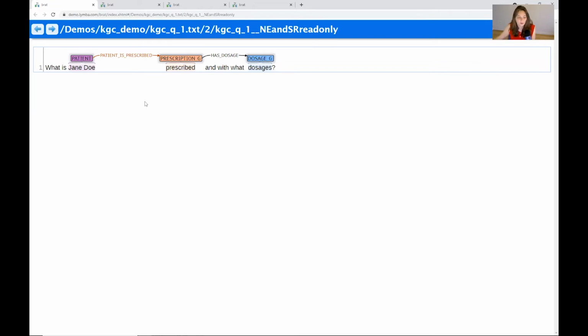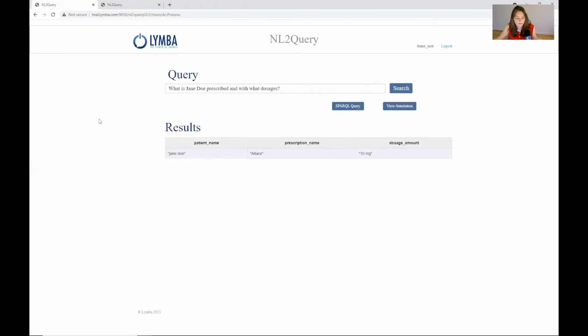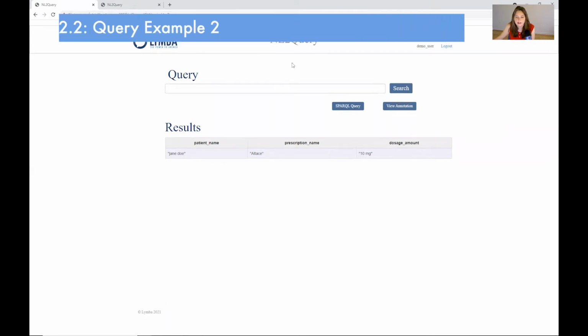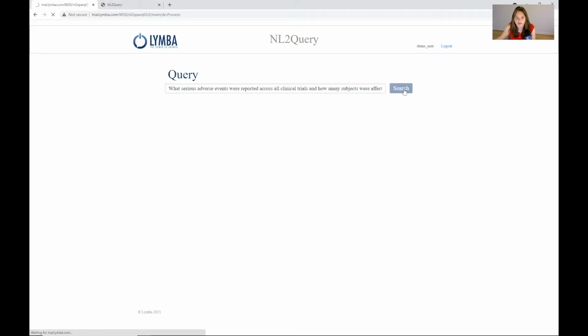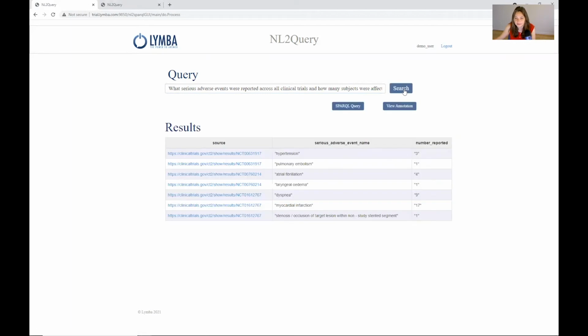Now, that was kind of a simple question that just had an answer from the patient history, but what if we want to ask something a little bit more complicated? Let's go ahead and ask, what serious adverse events were reported across all of our clinical trials, and how many subjects were affected?